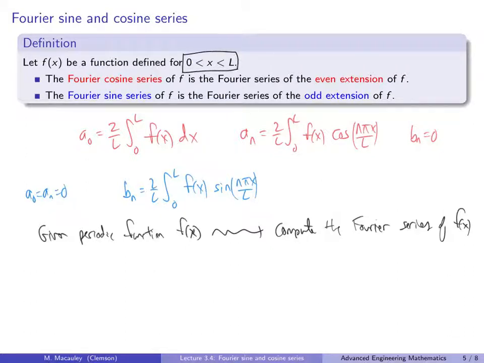So I can give you a piece of a function defined on a little interval, say from 0 to L, and I can say compute the Fourier cosine series of this, or compute the Fourier sine series of this. I can't mix them. Does that make sense? Please make sure that you get this subtle but important distinction.